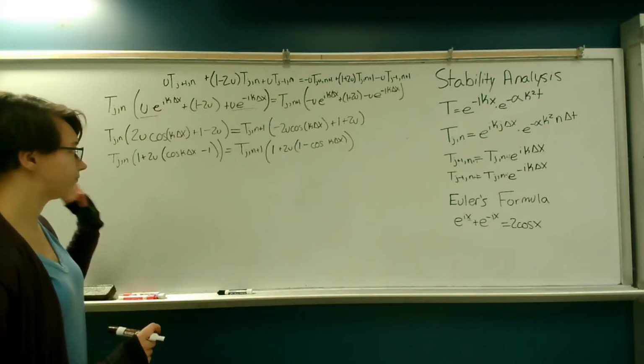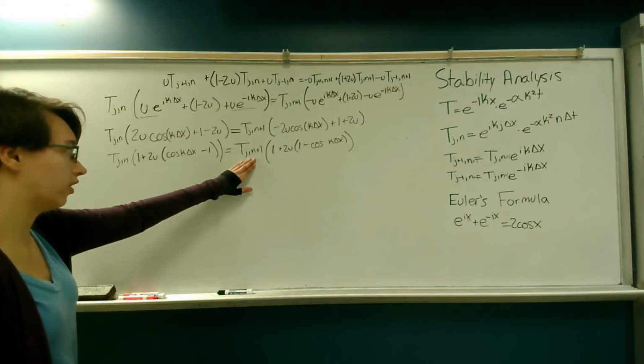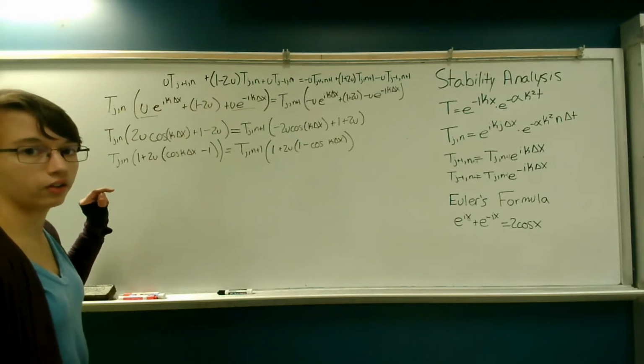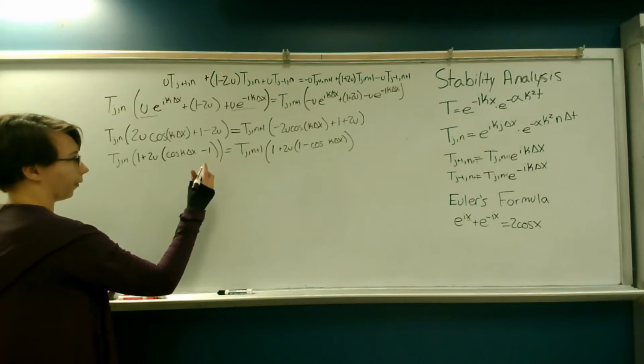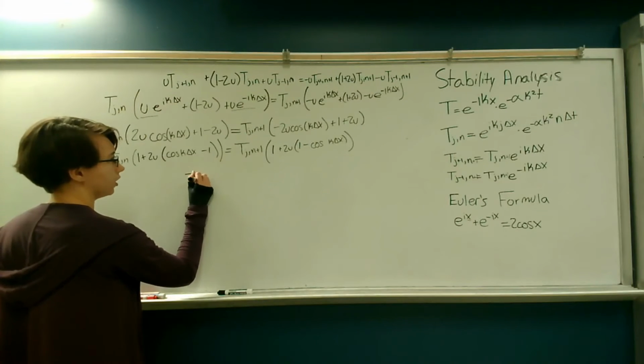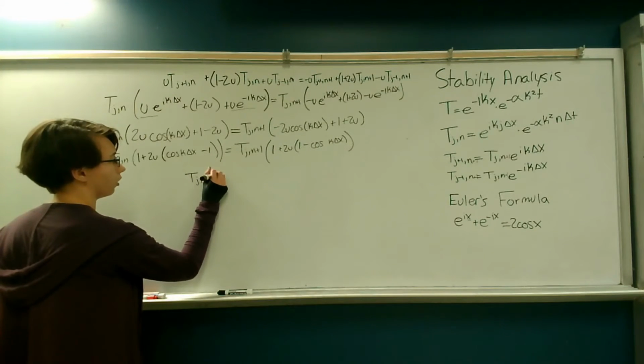Alright, so then at this point now we're going to solve for this and divide both sides. So I'm going to put this over here, so we got T at j at n plus 1.